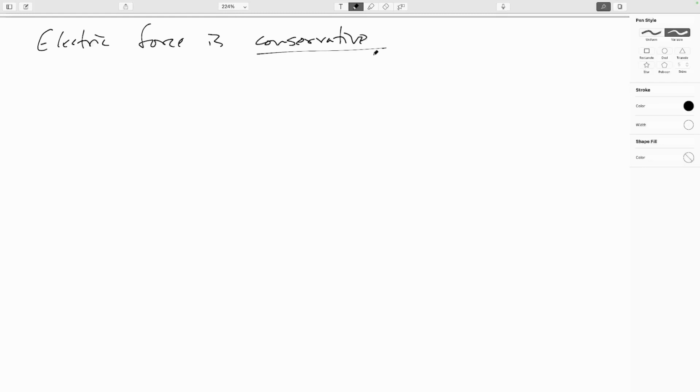And generally, that can be a bit of a chore. But here we actually get a little lucky. The deal here is that we've already shown that gravity is conservative.